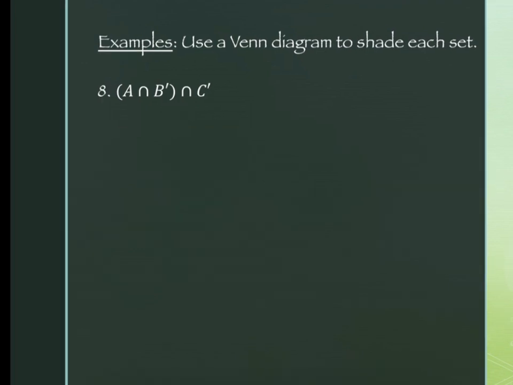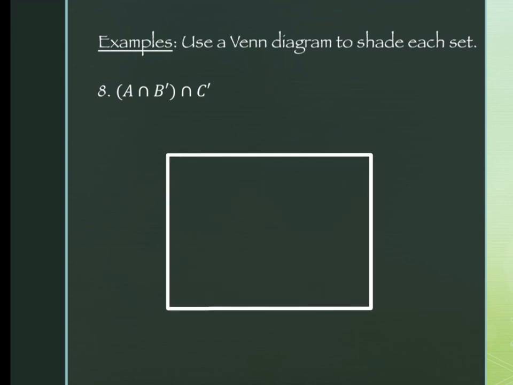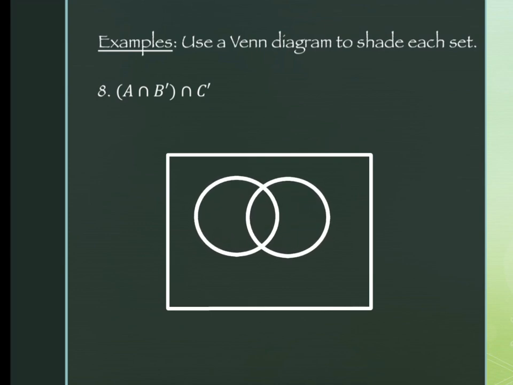Last example. This one has only intersections, but it has 3 sets, and it has some complements involved, which make it a little bit more challenging than when we have just the sets themselves.